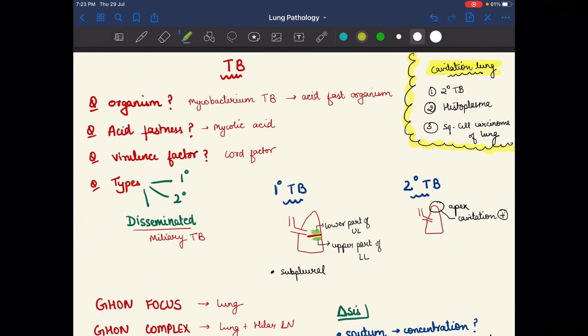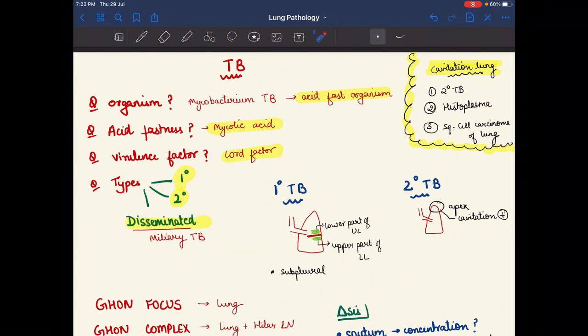In TB, the most common organism is Mycobacterium tuberculosis, which is an acid fast organism. The acid fastness is due to mycolic acid, and the virulence factor is cord factor. The types of TB are primary, secondary, and disseminated TB, also known as miliary TB.